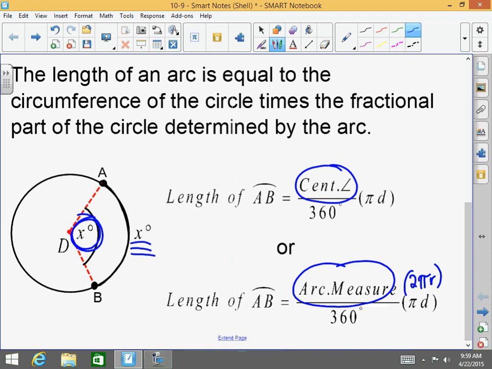Well, you put that arc measure over 360 times circumference, and you have your arc length, literally. Does that make sense, gentlemen? I'm going to take that as a yes. Okay. All right. Awesome.